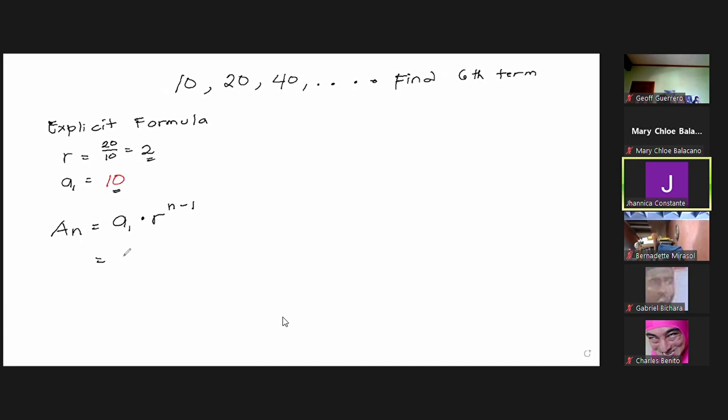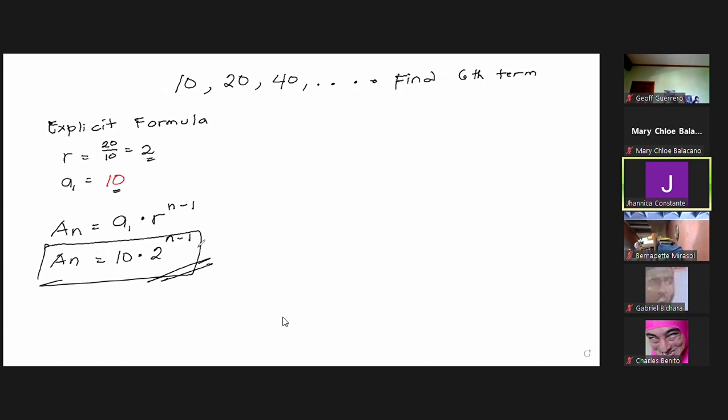So we have 10 multiplied by 2 raised to n minus 1. So that is our explicit formula. Okay, ganyan lang ang pagsusulat ng explicit formula ha. You just need to change the value of the first term and the common ratio.